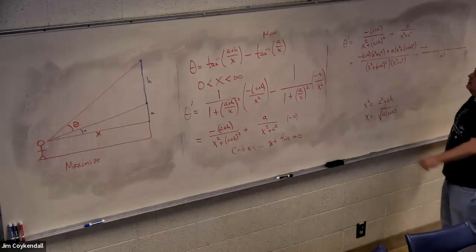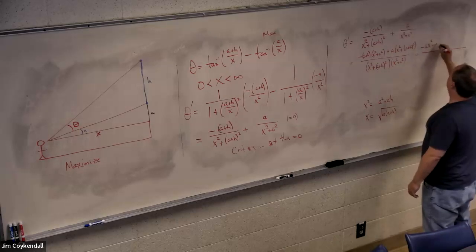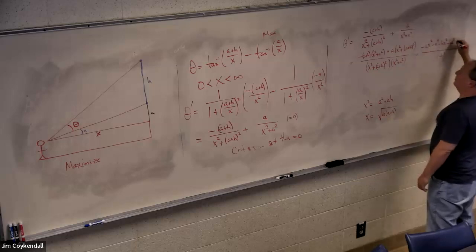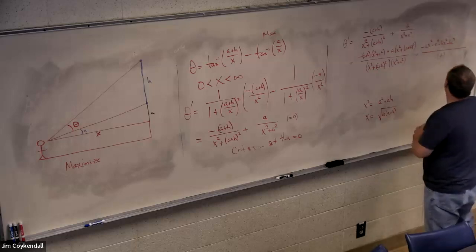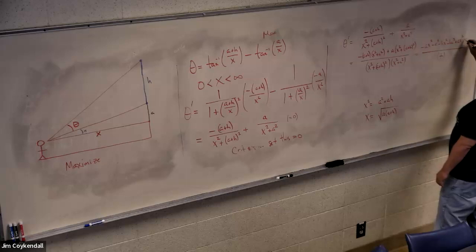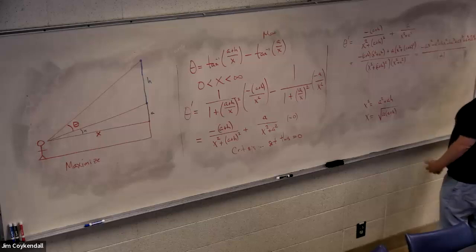This is going to be minus a x squared minus a cubed minus h x squared minus h a squared plus a x squared plus a cubed plus 2a squared h plus a h squared.